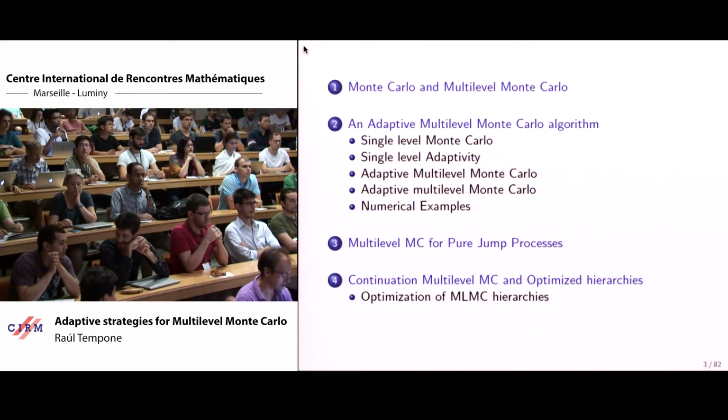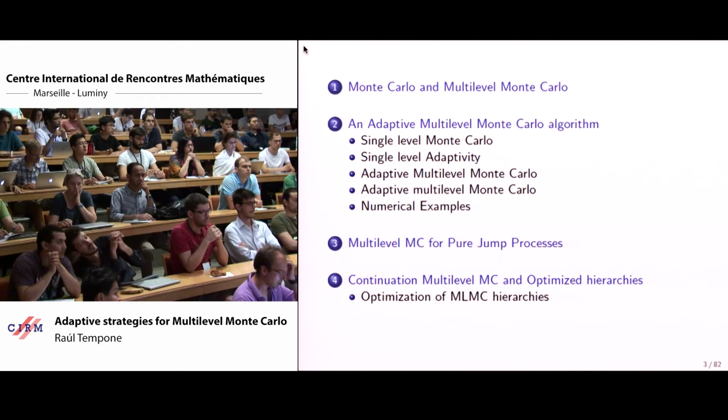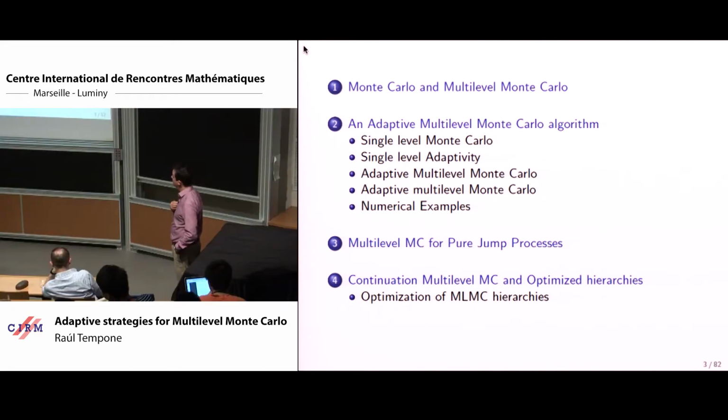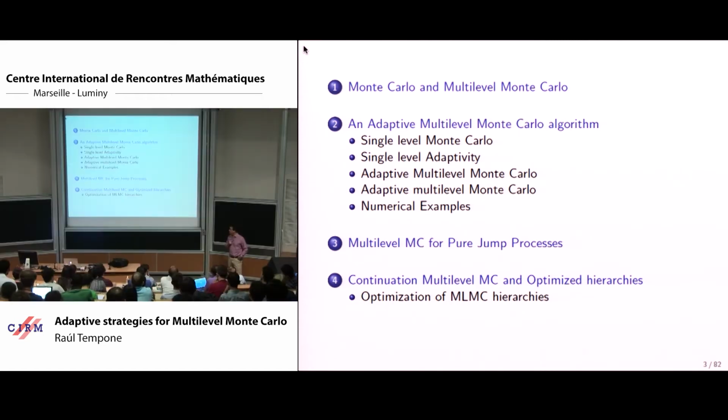I think this will motivate a little bit the different ideas that we will have. And finally, we will discuss a little bit of continuation multilevel and optimal hierarchies. Hopefully, if the time allows, I will also discuss optimal stopping with non-asymptotic rules within Monte Carlo. So I'll try to really be adaptive in this process.